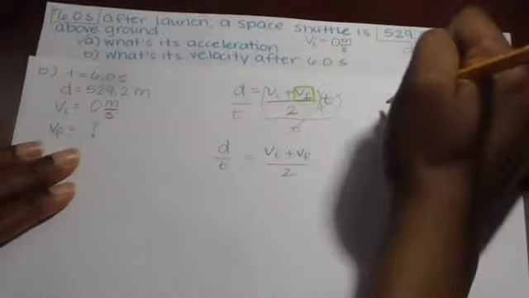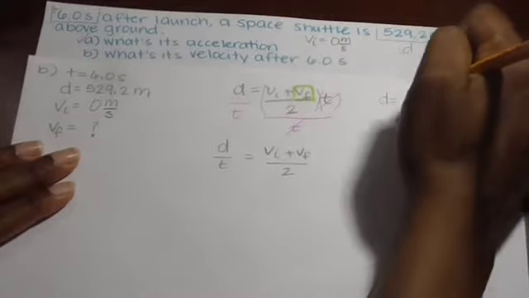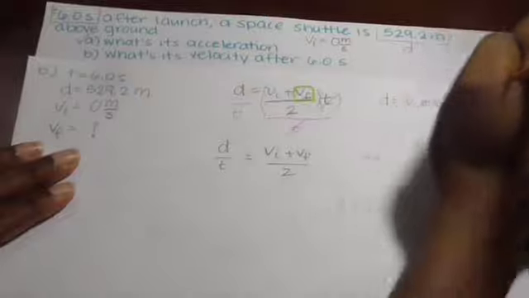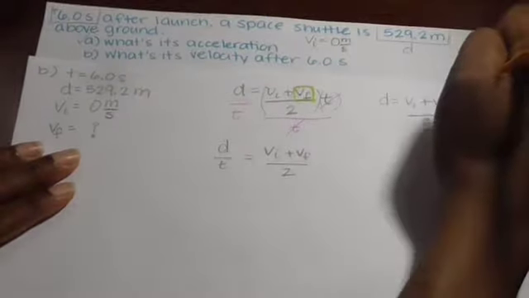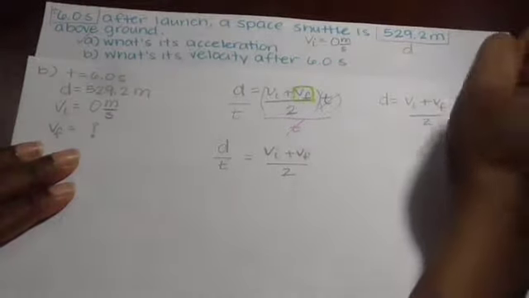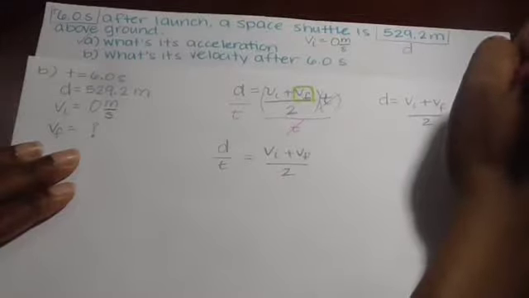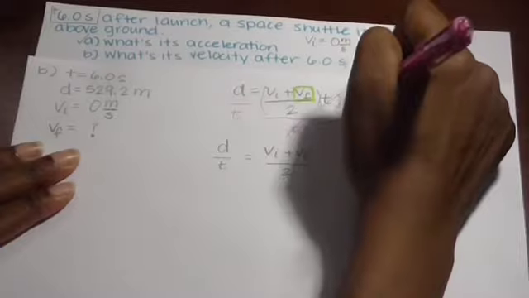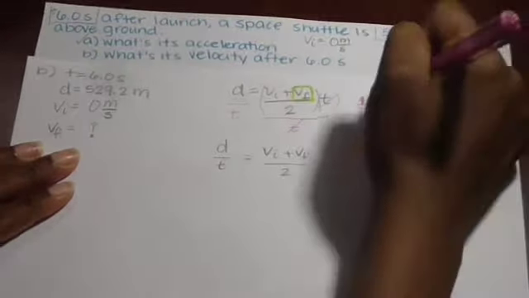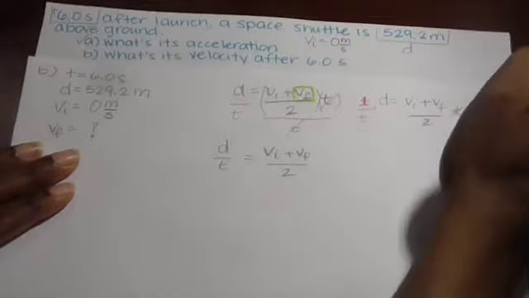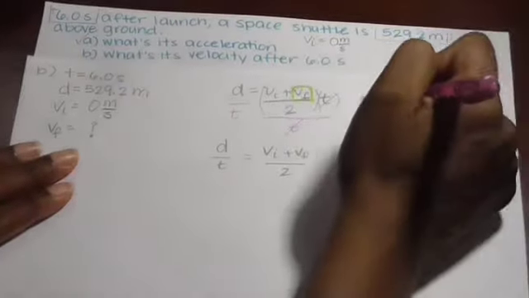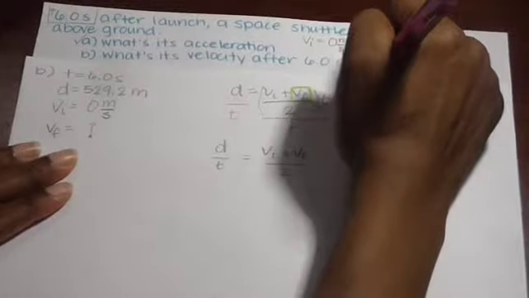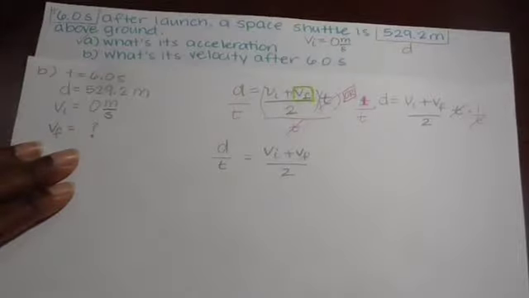Okay? And so just to go back, I could have multiplied by 1 over T on both sides, okay, and gotten the same result as here. You can do either way, whichever way makes you more comfortable.